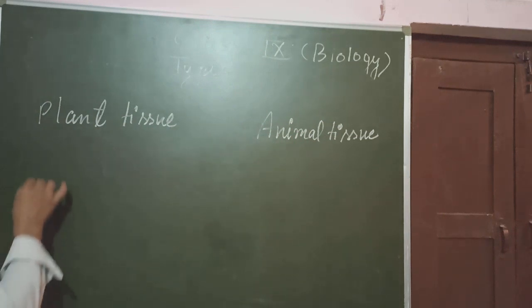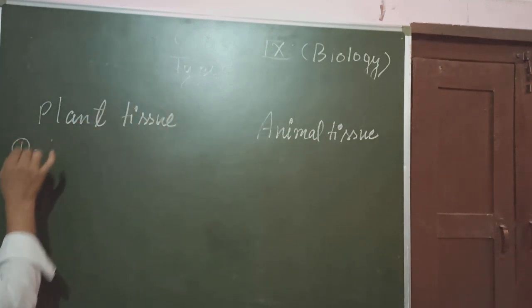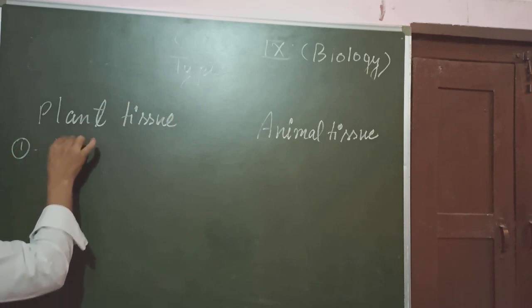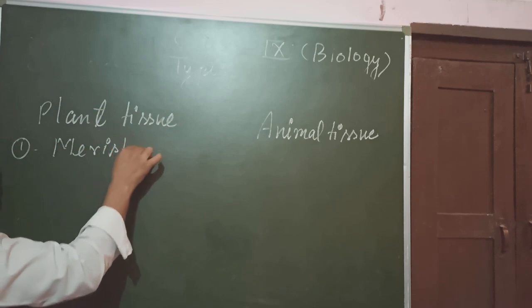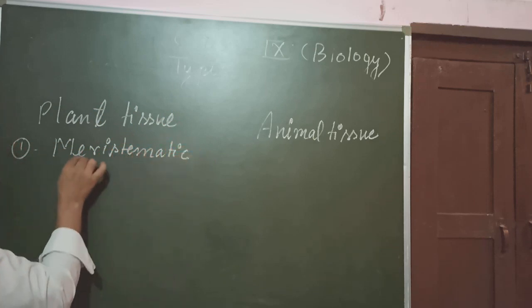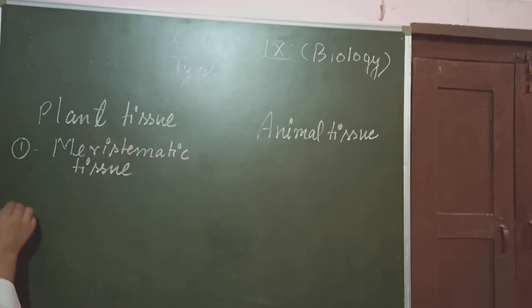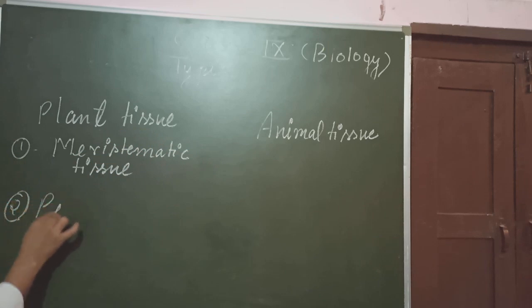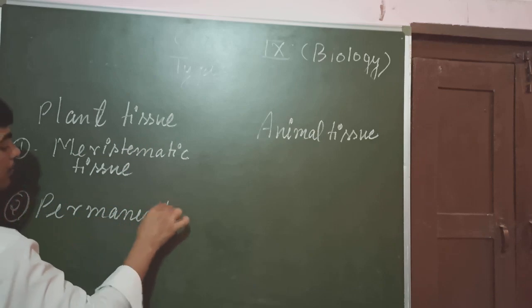Now in plant tissue we can write here the meristematic tissue, and second category we can take, that is the permanent tissue.